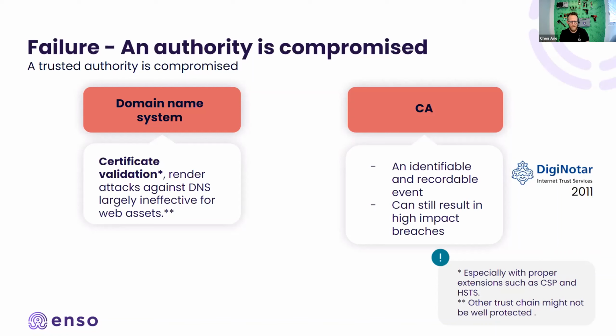Of course, other trust chains might not be so well isolated when this happens, but even on a basic level, the fact that these are two infrastructures running side by side and complementing each other is very useful in limiting the impact of a breach.